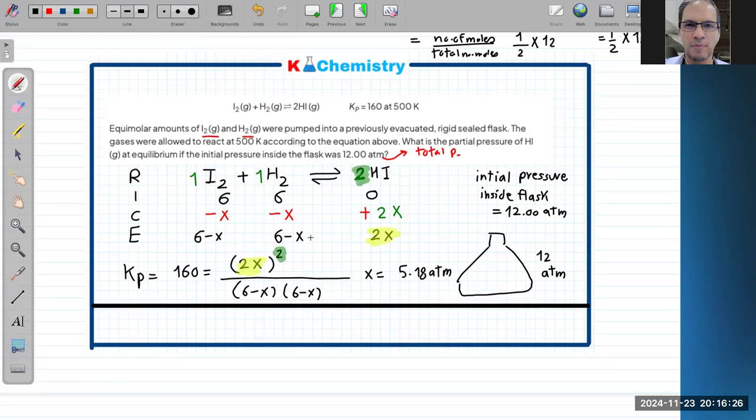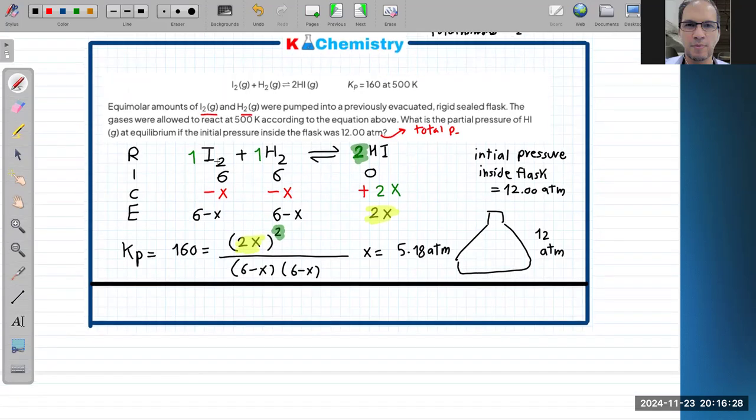So I know what is the change that happened. I know that I2 has lost 5.18 atmosphere, and the pressure of I2 started with 6 and lost 5.18.